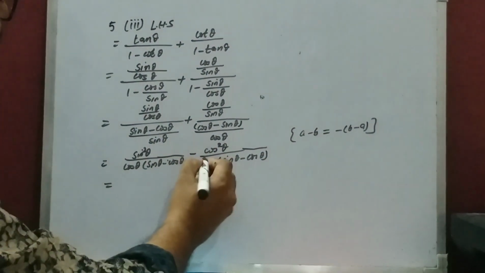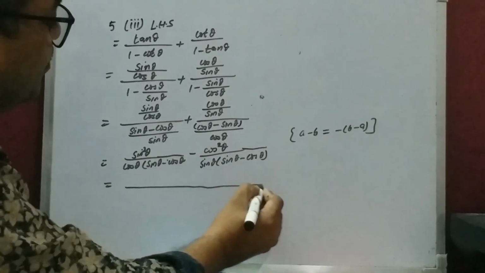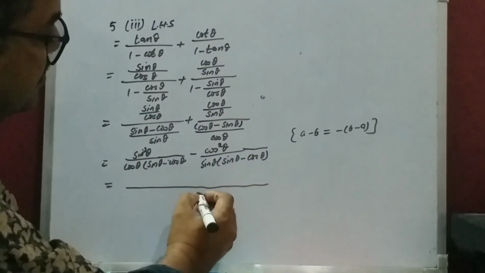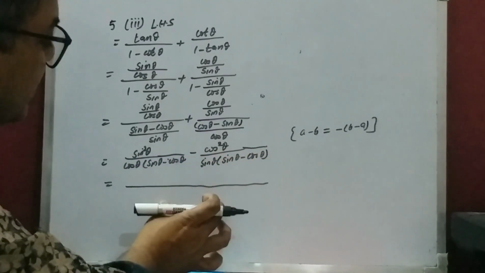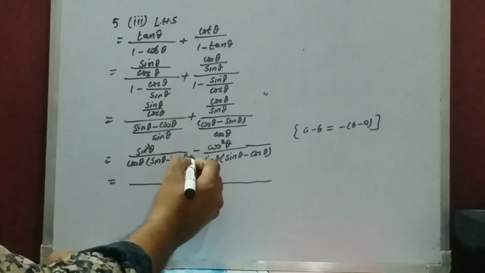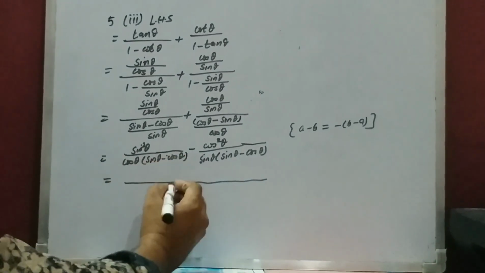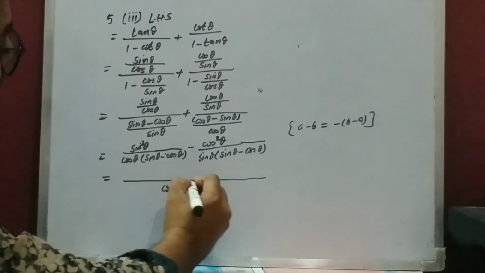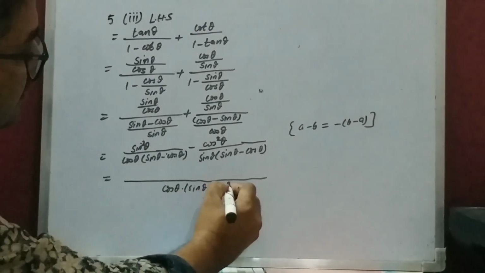Now the LCM of this and this will be written here. We will draw a long horizontal line and write the LCM of this and this here. Then how can you take the LCM of these two? First of all, we will write the whole denominator here: cos theta and sine theta minus cos theta.